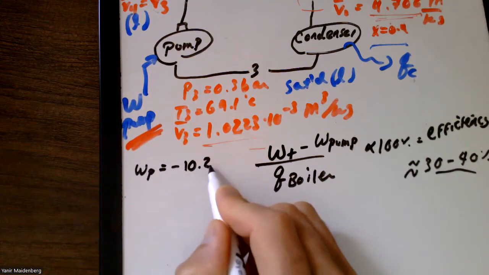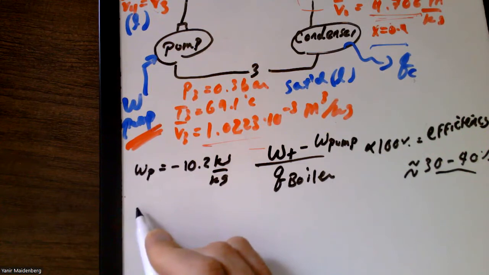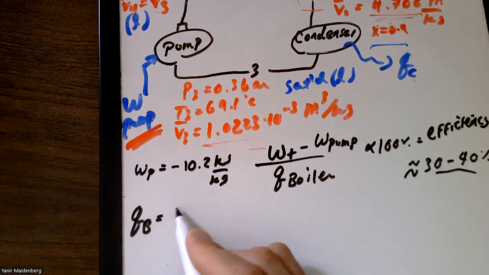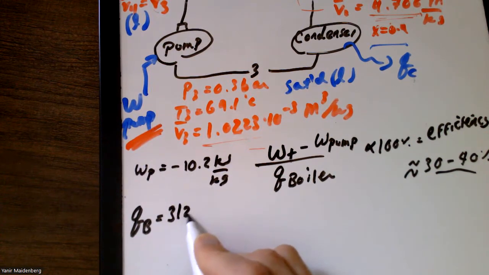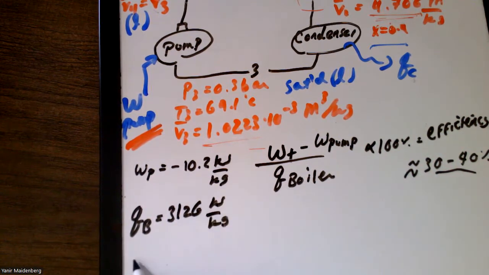You have to supply 10.2 kilojoules per kilogram. The heat for the boiler, you have to supply a lot, 3126 kilojoules per kilogram.